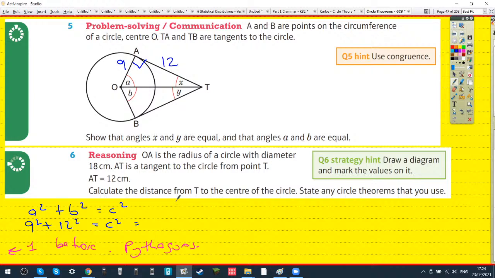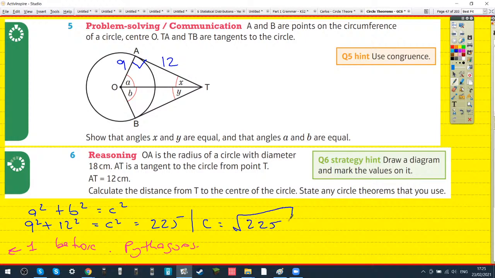Do you have a calculator? Yeah. Okay, I think I've done. So is it 225? Yeah. So C squared is 225. And so how would you get C? Square root of 225. Well done.